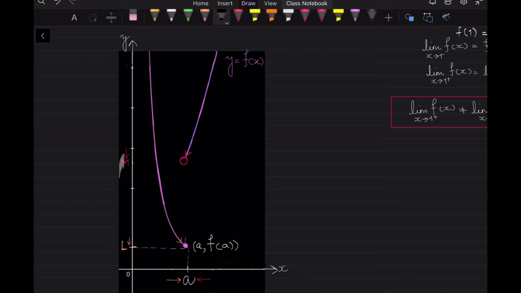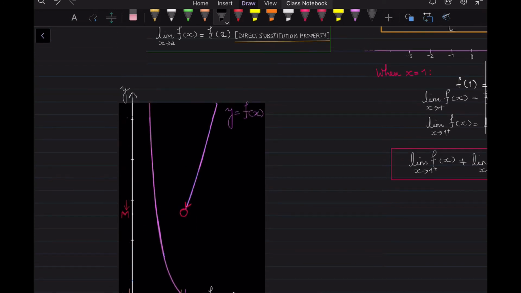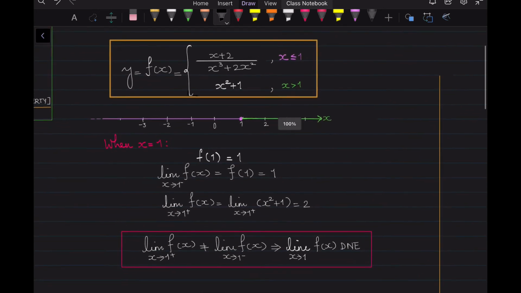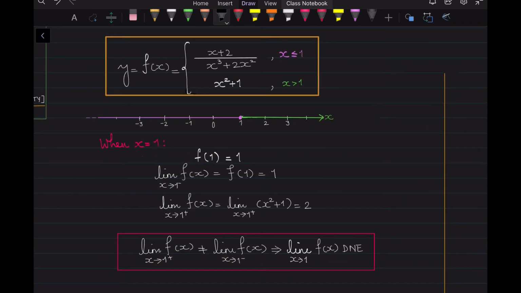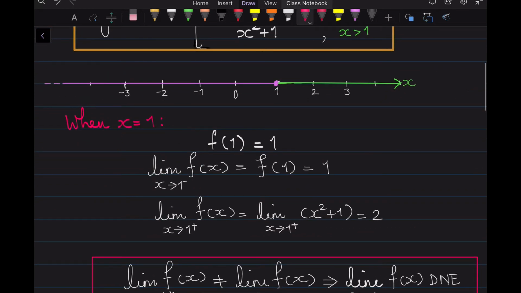And because of their different values, a jump occurs at x is equal to a. And that's why this discontinuity is called jump discontinuity. So we have the same scenario here. At x is equal to 1, this function has a jump discontinuity. So x is equal to 1 is the case of jump discontinuity.